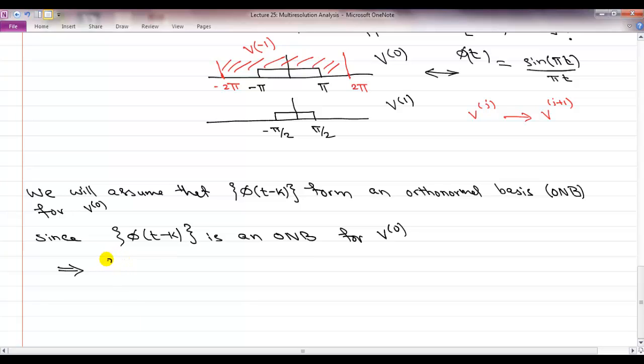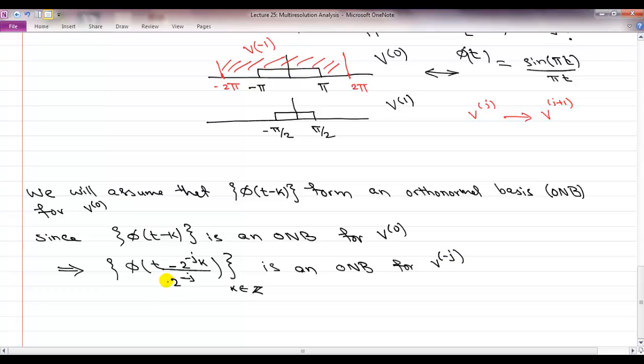So all possible combinations of phi of (t minus 2 to the minus j k) over 2 to the minus j, where k belongs to Z, end up being an orthonormal basis for V of minus j. Okay.